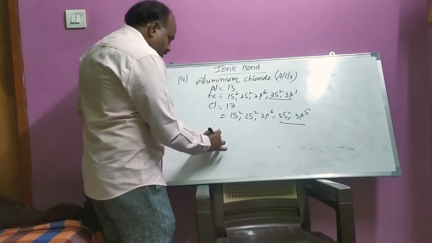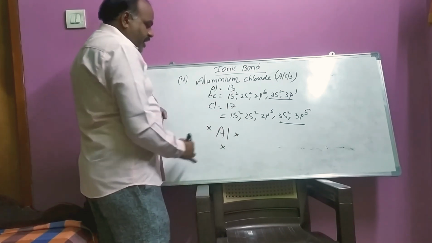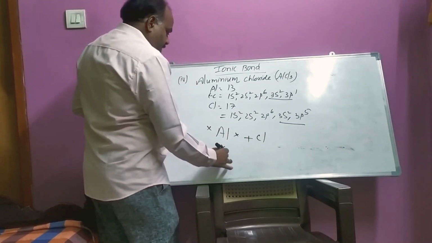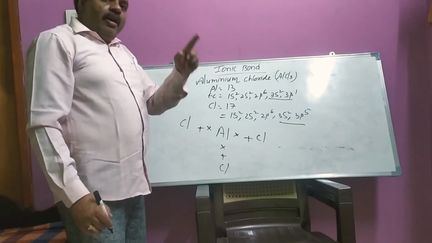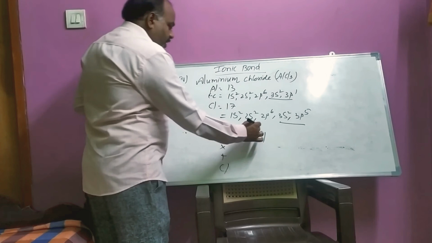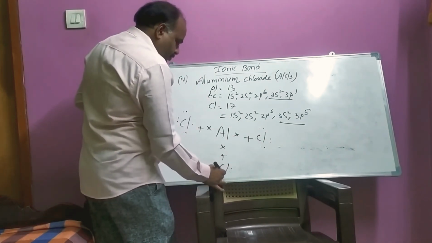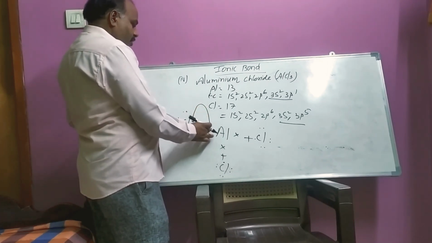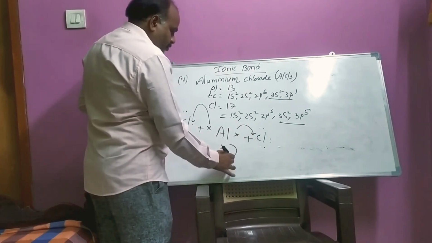We can show here, see, aluminium 3 electrons, chlorine, here chlorine, here 1 more chlorine. In all chlorine atoms, 7 electrons are there. Aluminium transfers this electron to this chlorine, this electron to this chlorine, this electron to this chlorine.